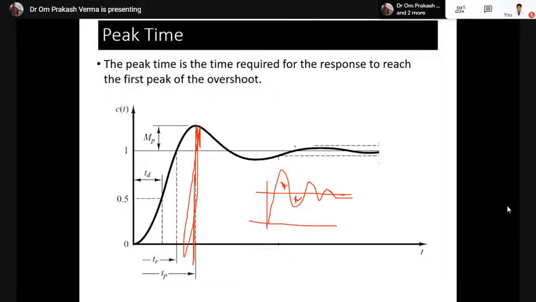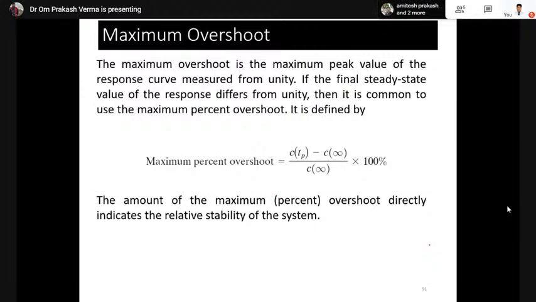The second overshoot is always here, and the second undershoot is always here. So if anyone asks what is the time taken to the second peak, you have to determine this value.